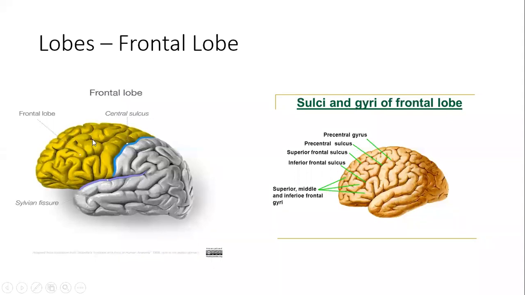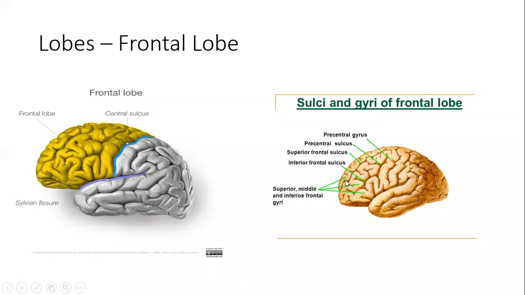From the precentral sulcus extend 2 further sulci: the superior frontal sulcus, here you can see, and the inferior frontal sulcus, dividing the anterior aspect of the frontal lobe into at least 3 gyri. So in between these 2 sulci lie 3 gyri.